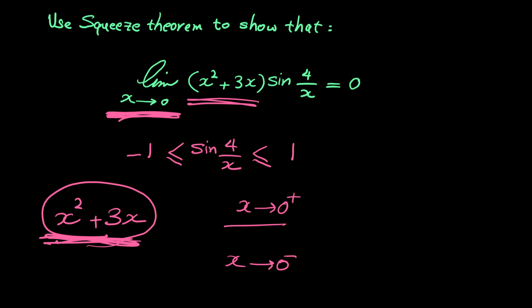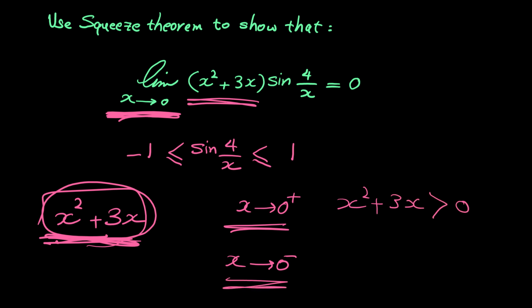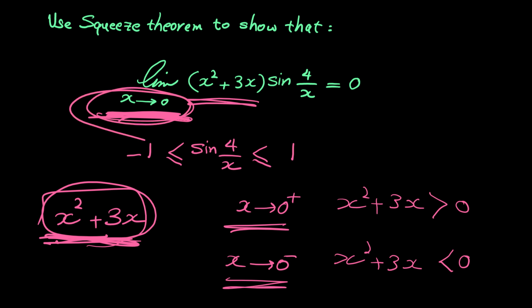When x approaches 0 from the right, this expression x squared plus 3x is positive. When x approaches 0 from the left, x squared plus 3x is less than 0. It's negative. And because when x approaches 0, we don't know whether x approaches 0 from the left or right, basically it approaches 0 from both sides because this is a two-sided limit. So we have to find this limit once from the left and once from the right.